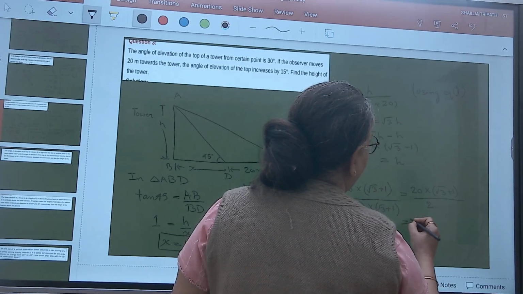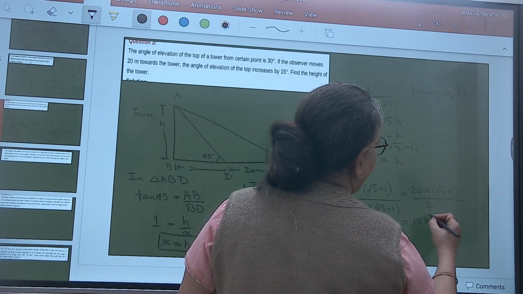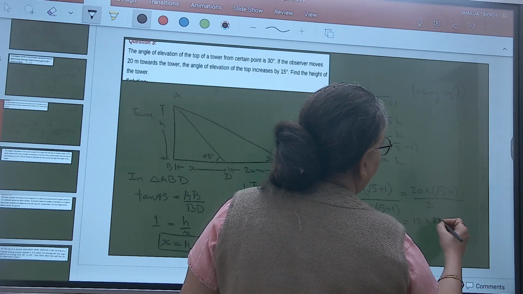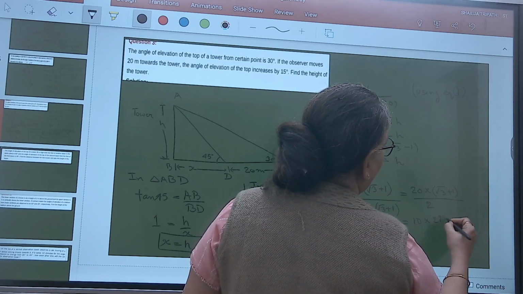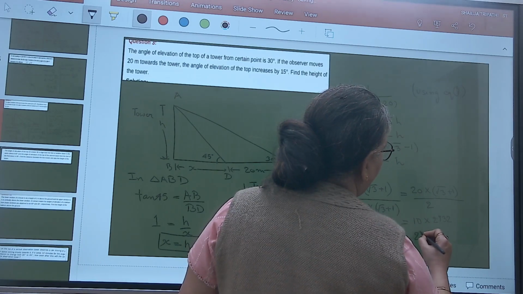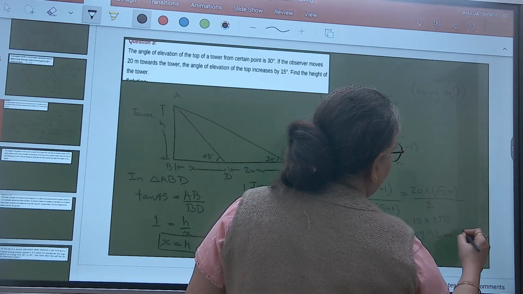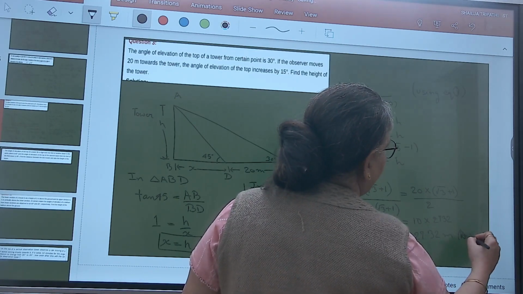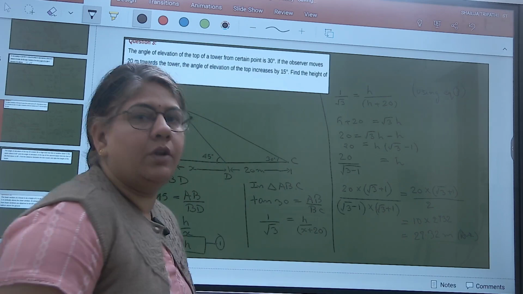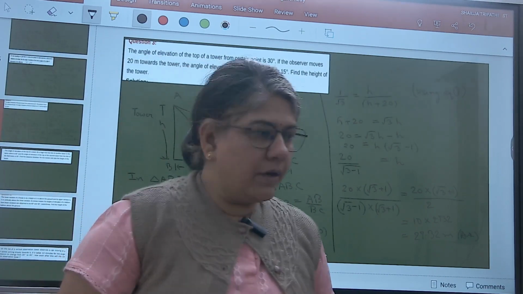So our answer is 10 multiplied by 2.732, or you get 27.32 meters. This is your answer. Hope you understood the solution well. Let's come to the next question.